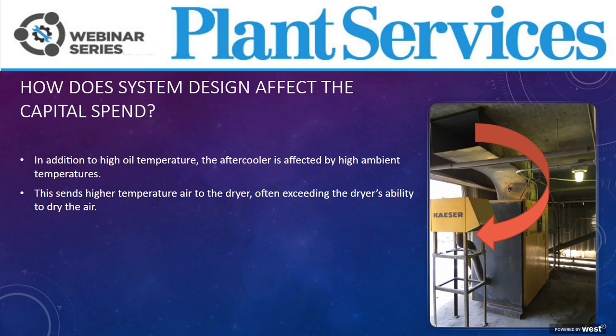Now, we also want to talk about how poor design can affect your capital spend, and this example is a good one. Because he was running at elevated temperatures, the aftercooler couldn't get the discharge temperature of the air down to 100 degrees F, and 100 degrees F was the design point used to purchase the dryer.